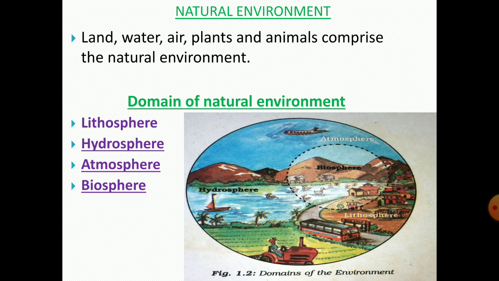The surface is irregular, sometimes with mountains, plateaus, plains, and valleys. Landforms are found over continents and also on the ocean floor. The lithosphere is the domain that provides us forests, grasslands for grazing, and lands for agriculture and human settlement. It is also a source of mineral wealth.